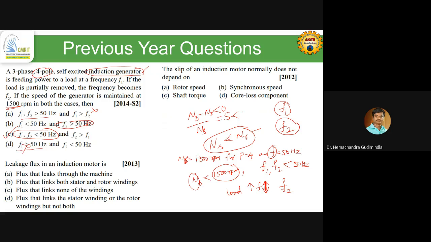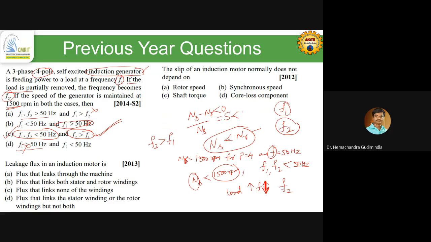Sorry, if load increases, frequency will decrease, right? Now previously the frequency is f1. If the load is removed, f2 is greater than f1. So both conditions are correct, so option c is the correct answer.